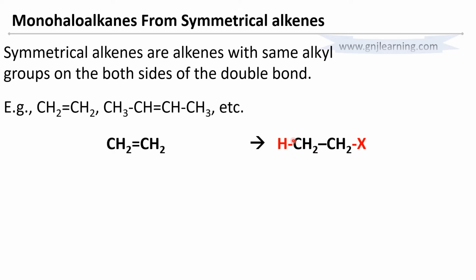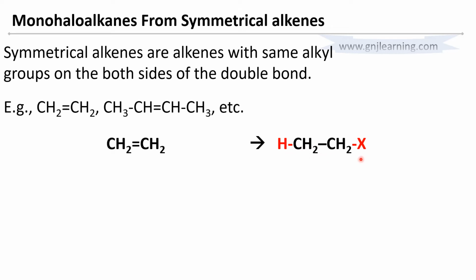So here H is added, and on this carbon atom X is being added. Since it is addition of atoms, you call this reaction an addition reaction. Whenever you have an unsaturated bond, and you break it and add atoms to compensate that bond, then it is called an addition reaction.